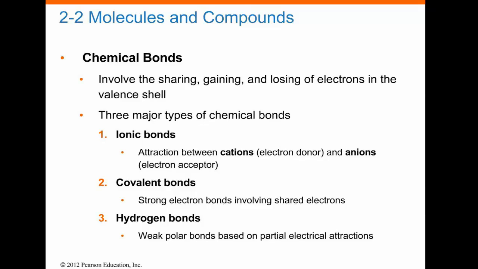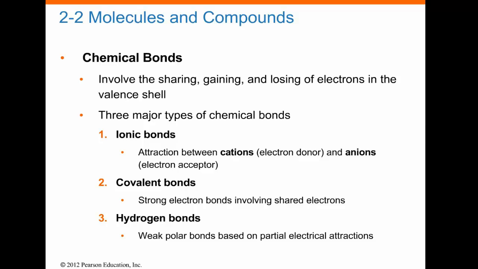Chemical bonds. Chemical bonds involve the sharing, gaining, and losing of electrons in the valence shell, the outermost shell. There are three major types of chemical bonds that we'll be looking at. Ionic bonds, which is the attraction between cations and anions.